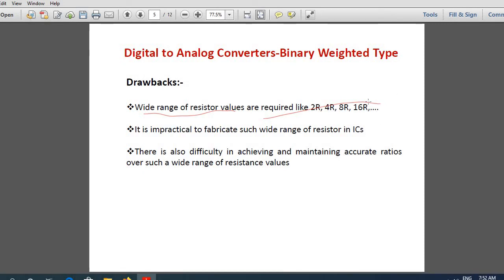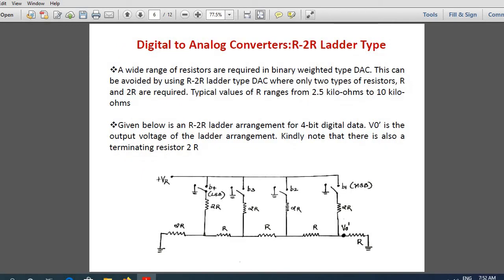Mostly all these resistors come in an IC, so constructing all these and making a binary weighted type IC is very difficult. Also, achieving and maintaining an accurate ratio, the ratio 2R is to 4R is to 8R, is very difficult over such a wide range of resistances.